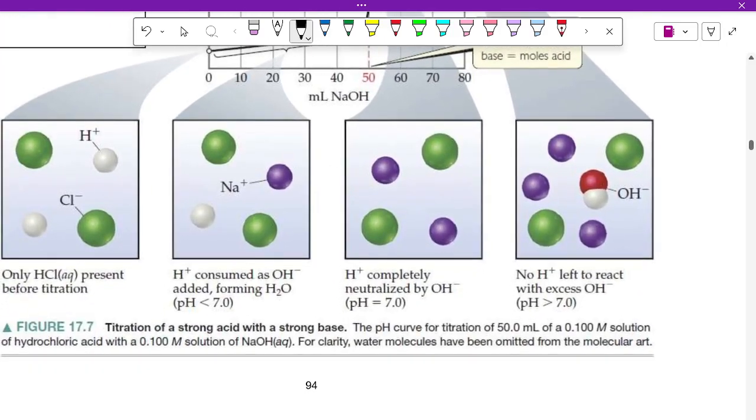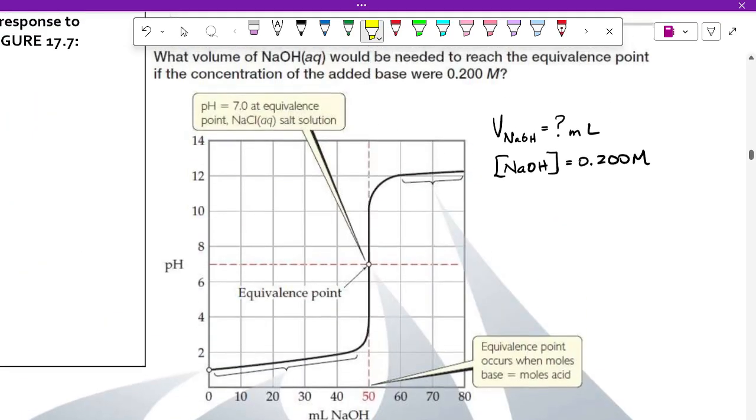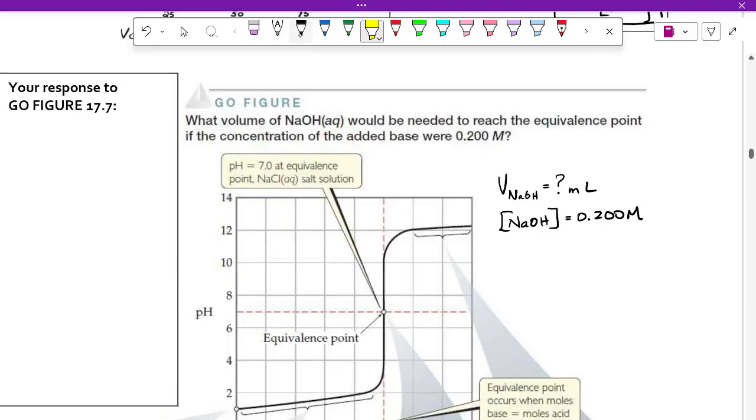We are told that the curve that we're looking at, the curve shown, has 50 milliliters of 0.1 molar HCl.